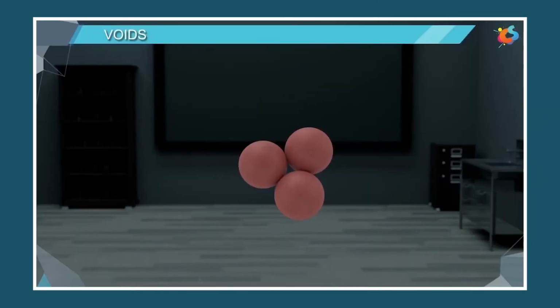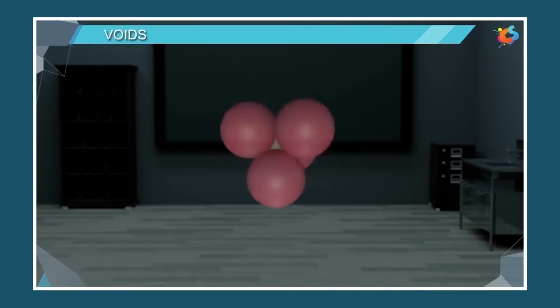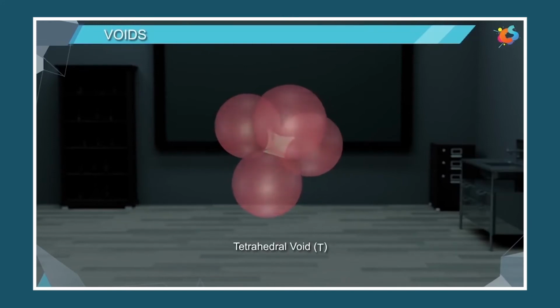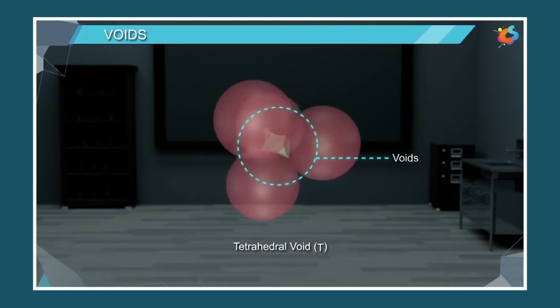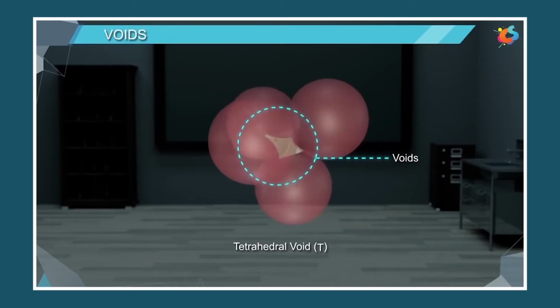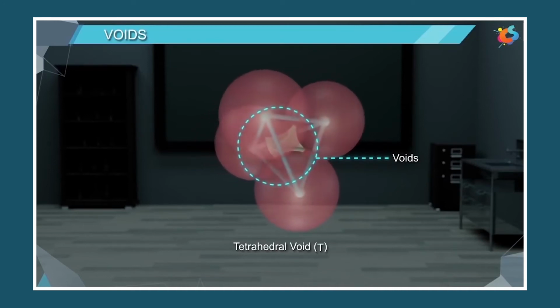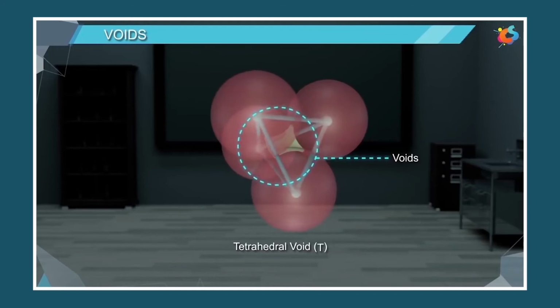When we place the close packed layer in the depression of the first layer, we will notice that at some places the triangular voids of the first layer are being covered by the spheres of the second layer. At such places, the type of void formed is known as tetrahedral void, T, since a tetrahedron is formed by joining the centers of the four surrounding spheres.